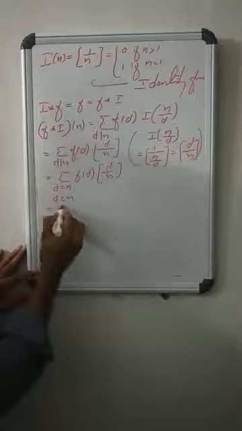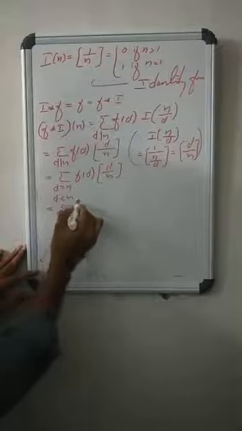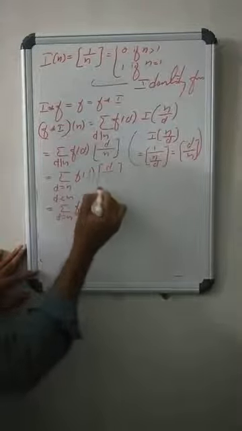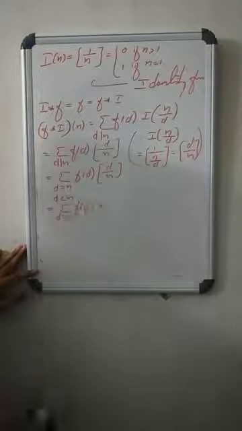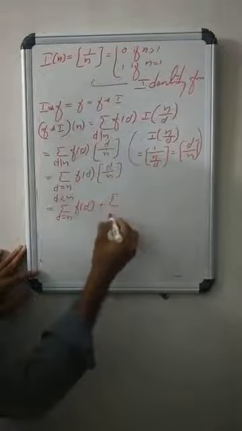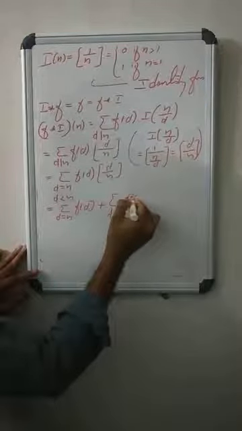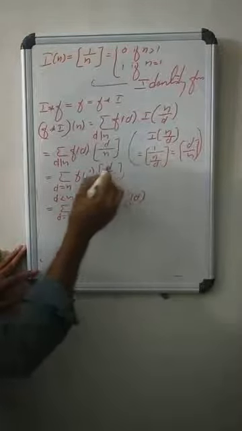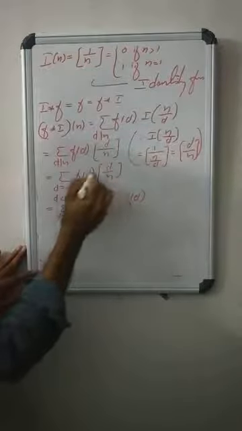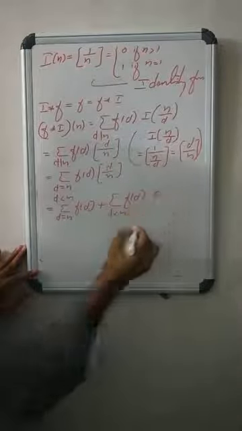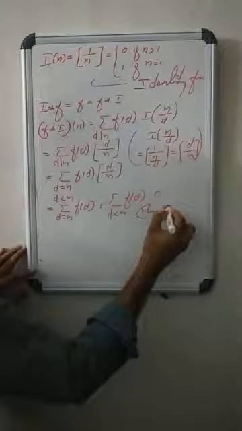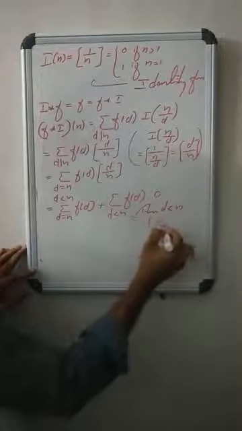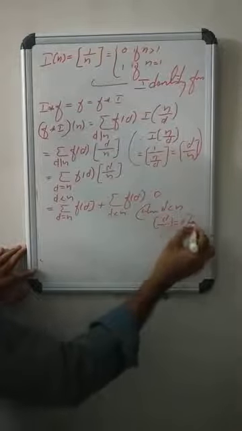That can be rewritten as sigma over d equals n f of d into, when d equals n, greatest integer n by n, that is 1, plus sigma over d less than n f of d into, when d is less than n, greatest integer d by n equals 0.